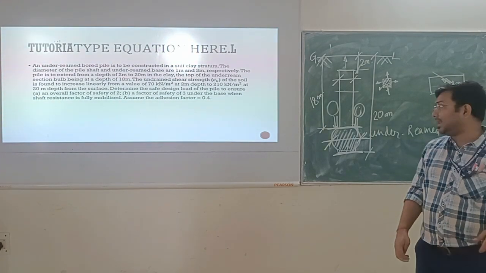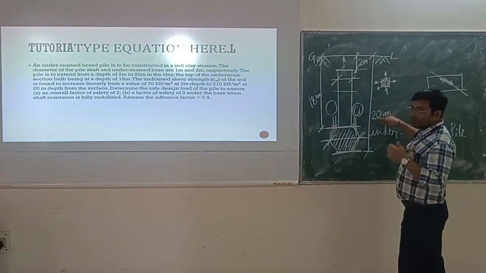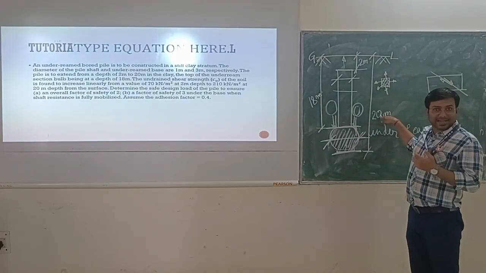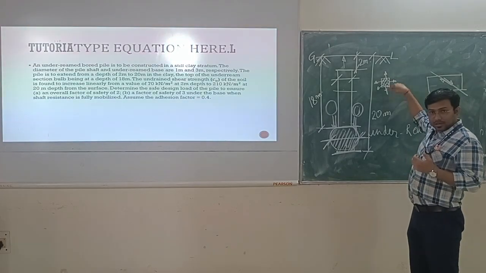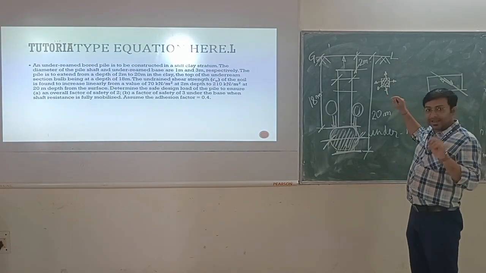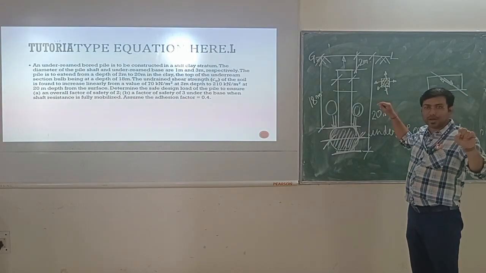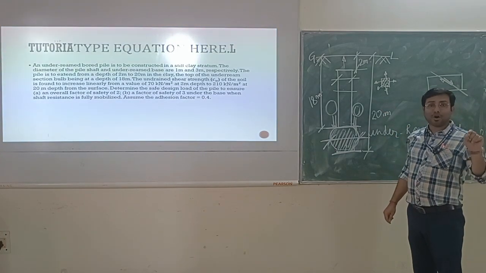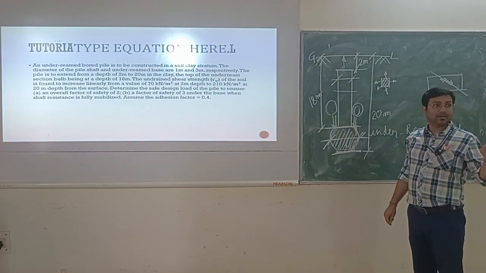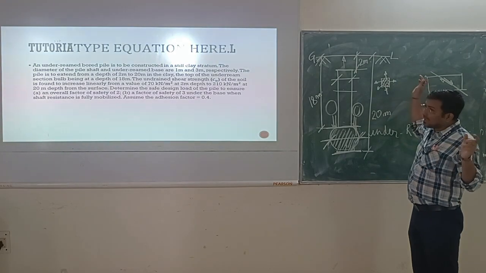Sometimes in clay soil, at a depth of the soil strata, due to the application of overburden pressure and the smallest pores in the clay soil, drainage of water is not possible.